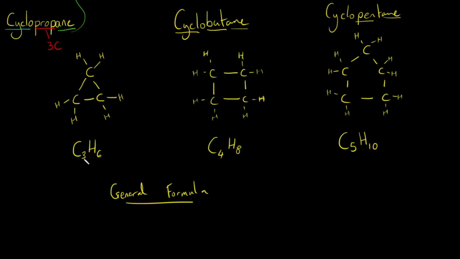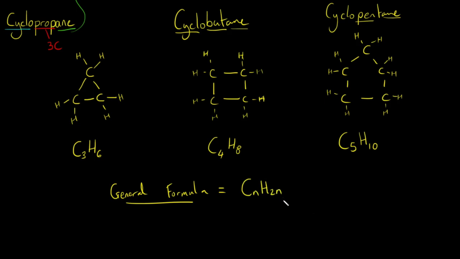It won't take a mathematical wizard to work out that when we've got 3 carbons, I've got double that number of hydrogens, 6. If I've got 4 carbons, I've got double that number, 8 hydrogens, and the same for the last one as well. So our general formula for the cycloalkanes is CnH2n.